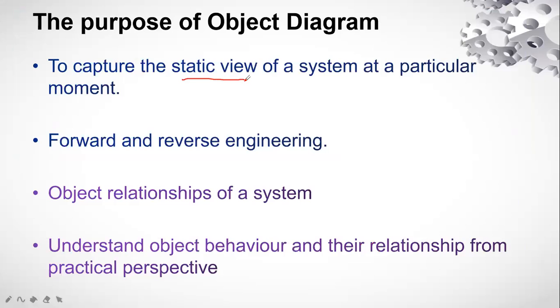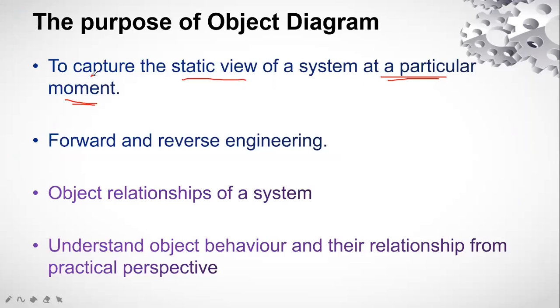In the class diagram also, we have seen that it forms the static view of the system. But the object diagram forms the static view of the system at a particular moment. This is very important. At a particular moment.